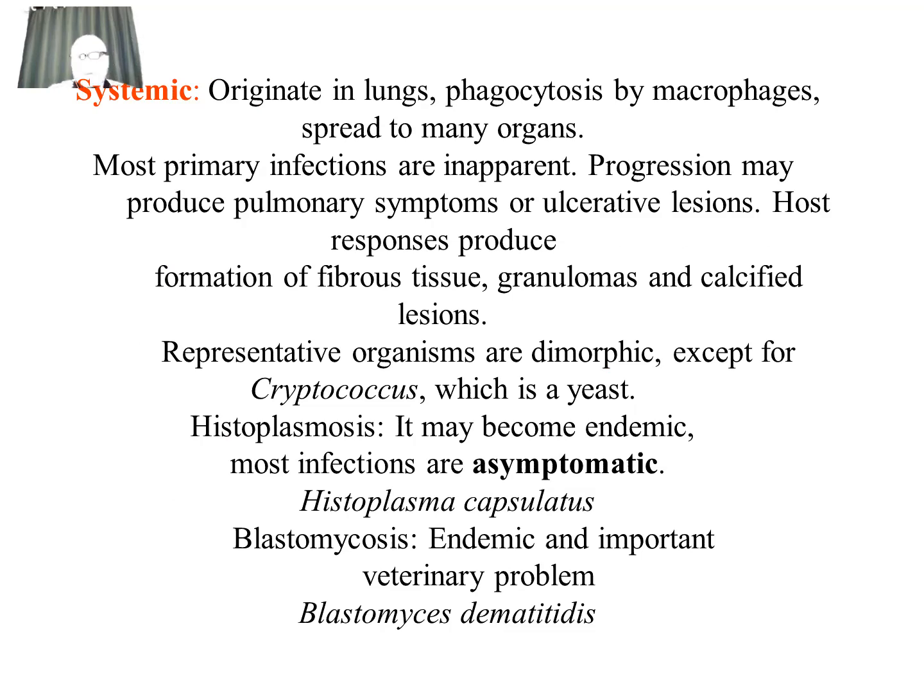Most primary infections are asymptomatic, and progression may produce flu-like symptoms or ulcerative lesions. The post-response produces formation of fibrous tissue, granuloma, and calcified lesions. For example, in histoplasmosis, you see what we call a cannonball appearance on an X-ray.